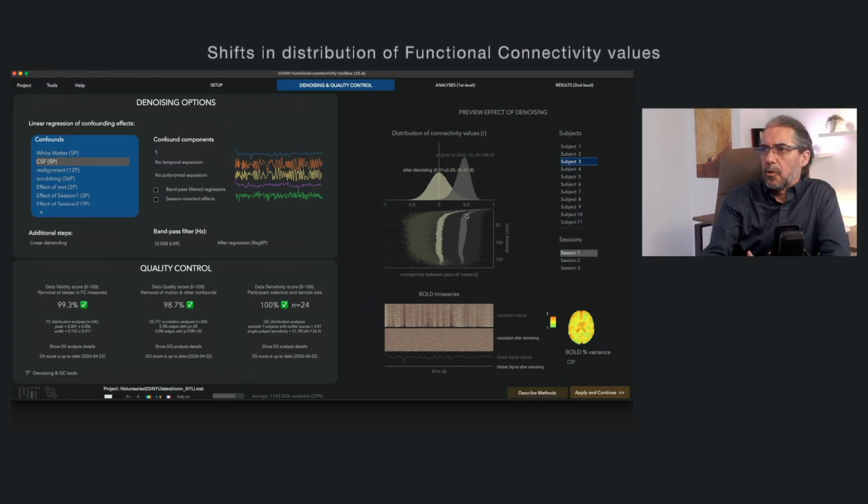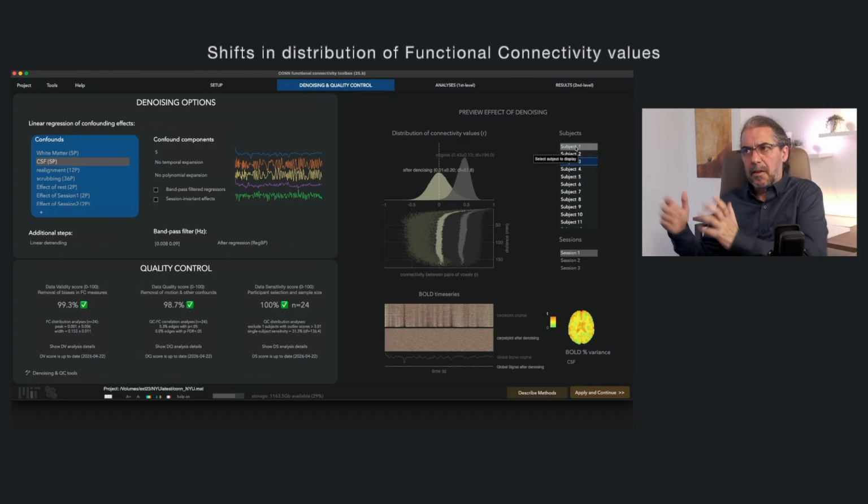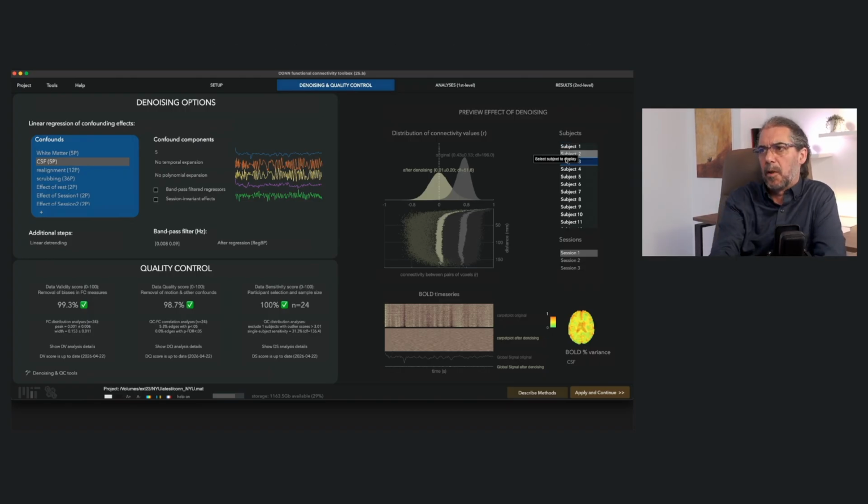And you can see those trends even at the scale of the whole distribution. If you look at the whole distribution of functional connectivity values, this is this histogram that I'm displaying here, before any sort of denoising, you will see that it's very broad and it's shifted towards the right compared to what you would expect. You would expect something that is relatively centered around 0.